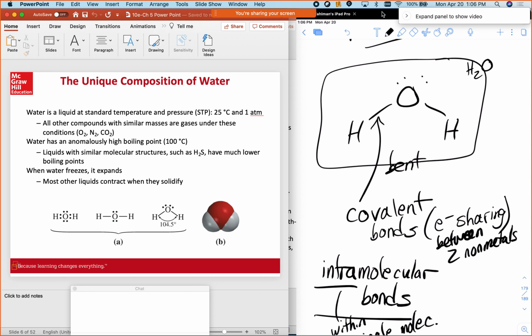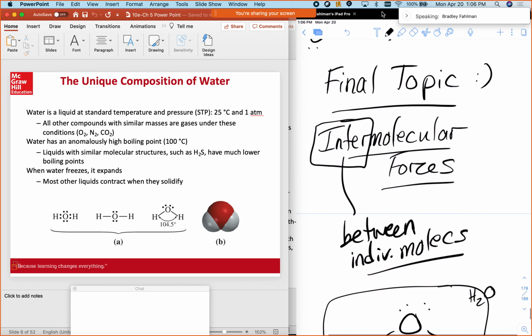But really, the properties of the macroscopic material or substance depend on intermolecular forces. Okay, so that is when a whole bunch of these molecules come together, how much energy does it take to break apart those forces? So between this one and another one out here.